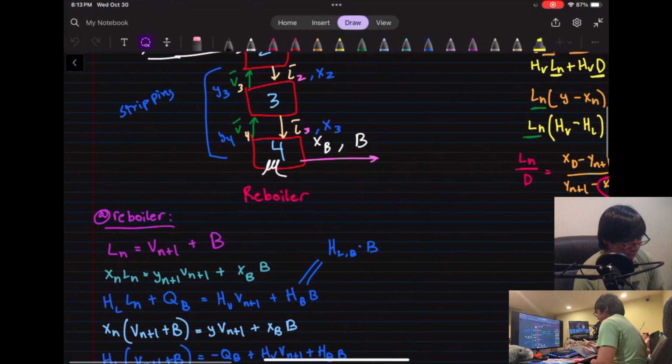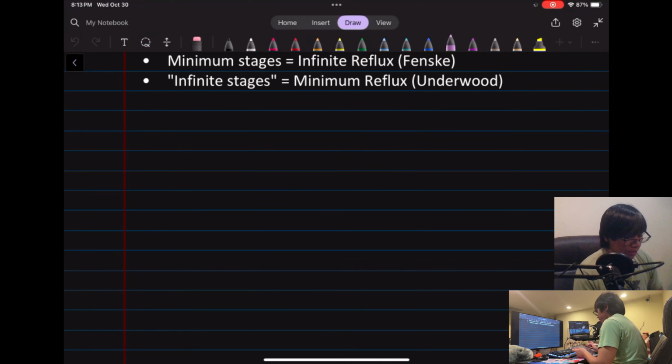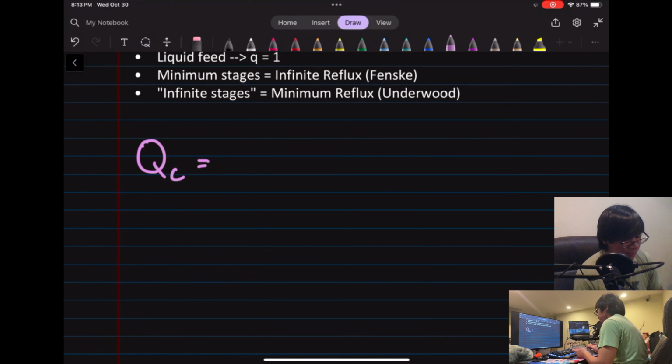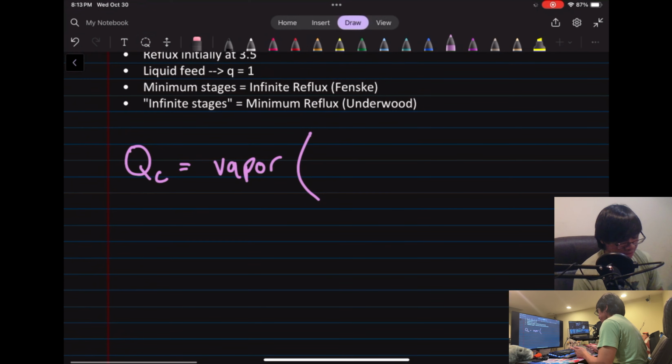Let me write this out. We have our condensation power, how much power we need to condense all of that, based on our vapor coming up. There's a vapor flow rate associated with that, and then we multiply this by how much it takes to actually condense, the condensing enthalpy.